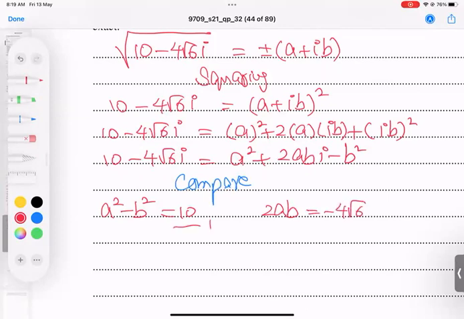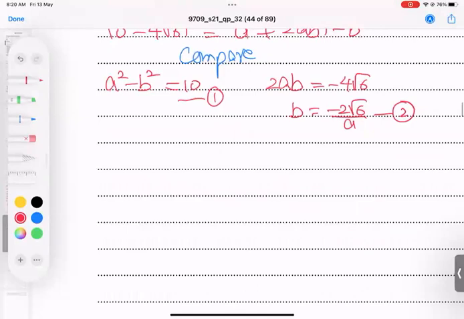Done, equation number 1. But here I can divide by either, you can make a the subject or b the subject. It is your wish. I'm going to make b the subject. This 2a goes under it, this 2 cancels with the 4, and I get -2 root 6 by a. I call this equation number 2.